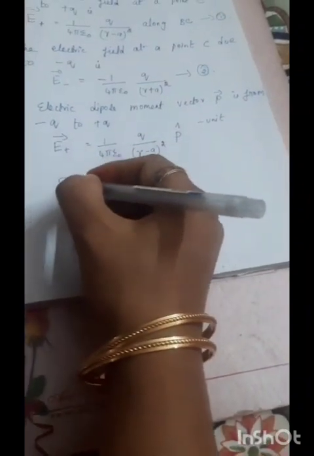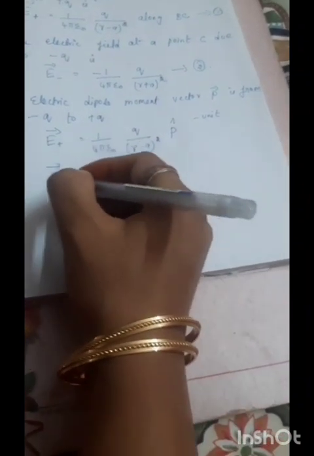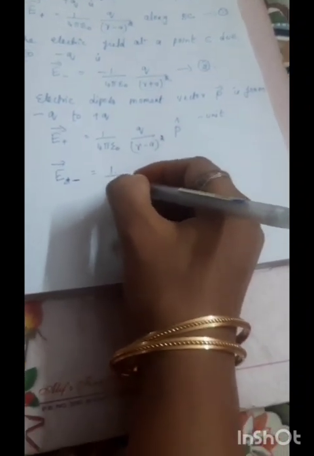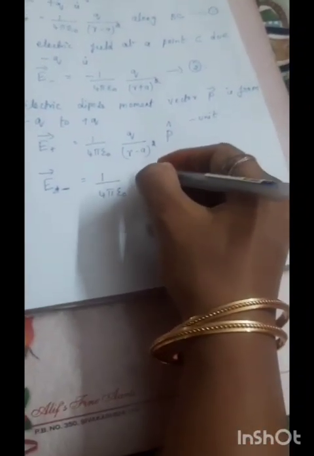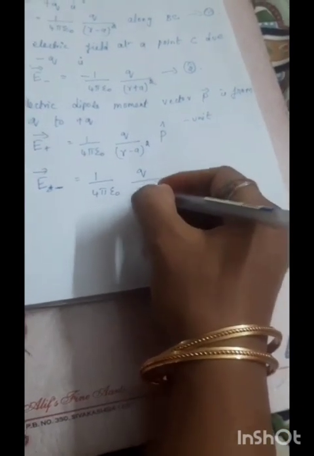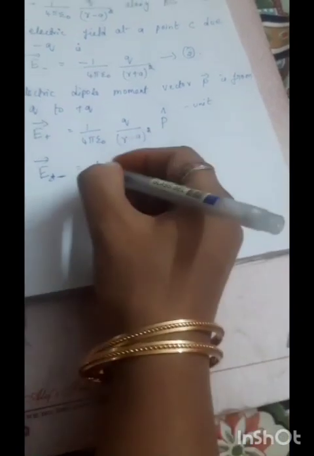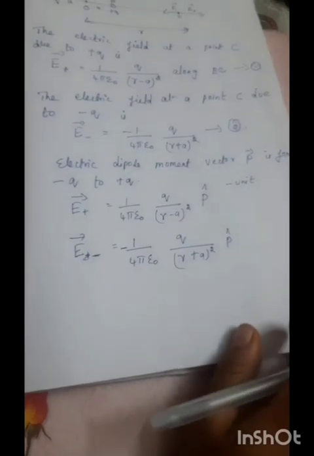Same way for negative electric field we will have E vector negative is equal to 1 by 4 pi epsilon naught into q divided by (r plus a) the whole square into p cap, and in front we will have a minus sign. Is that clear, children? Now we have to find the total electric field.